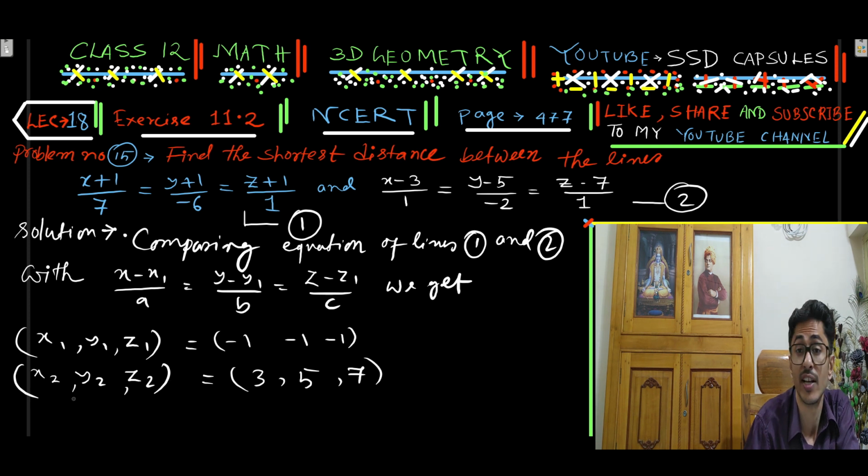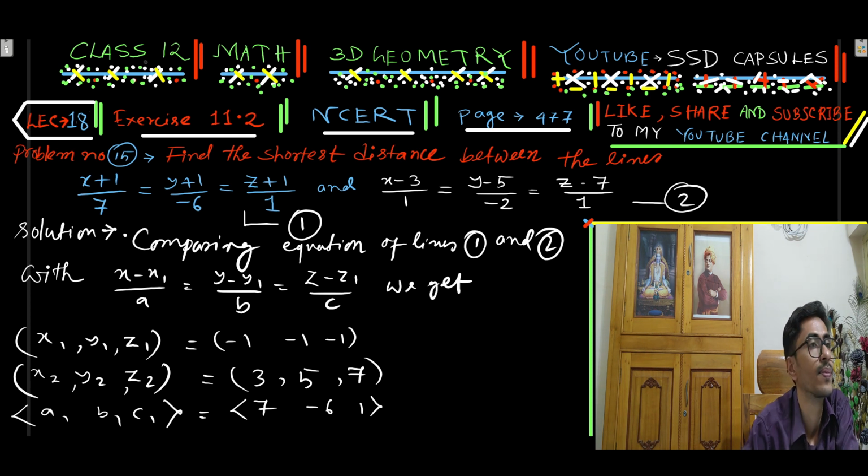Also the direction ratios of the b1 vector and b2 vector, that is a1, b1, c1 equal to what? From the equation of line 1 we get 7, minus 6, 1.